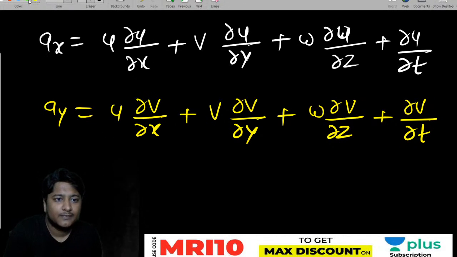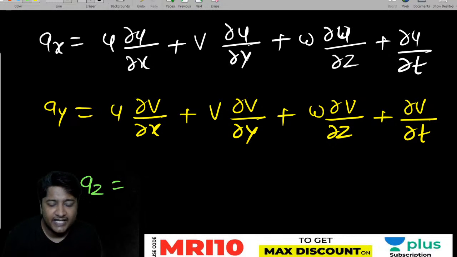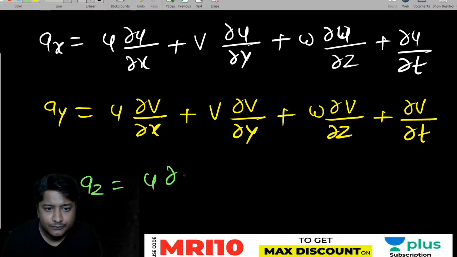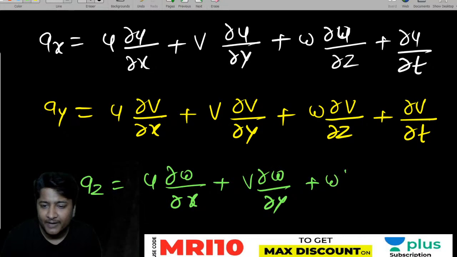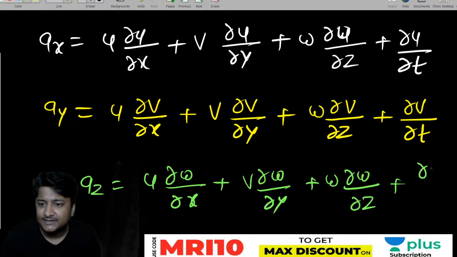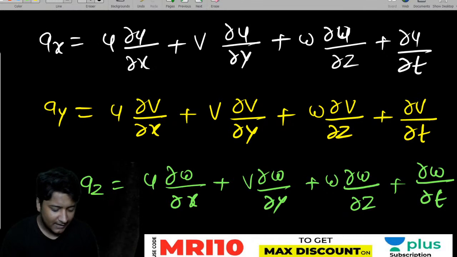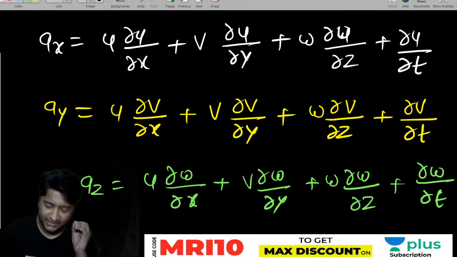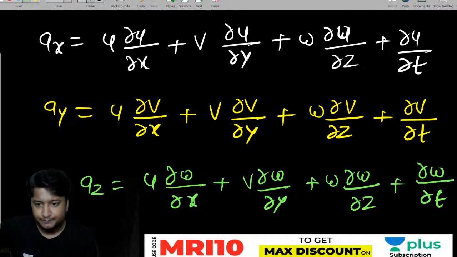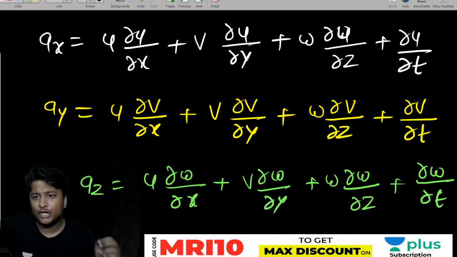Similarly, for az it will be u del omega upon del x plus v del omega upon del y plus omega del omega upon del z plus del omega upon del t. Anybody having any problem, they can tell me, or if not, then please copy fast.